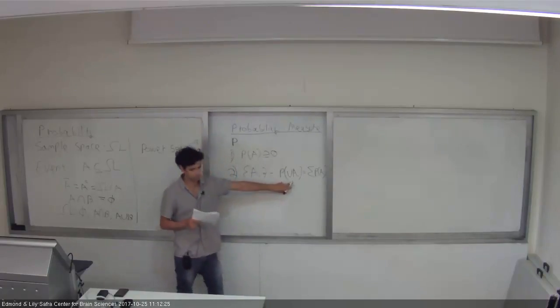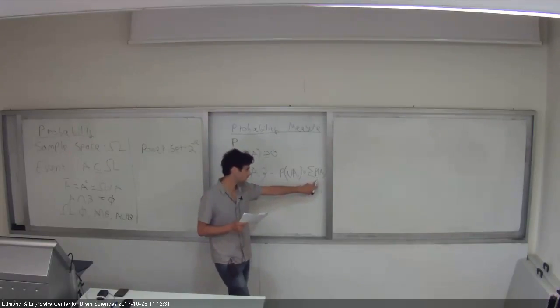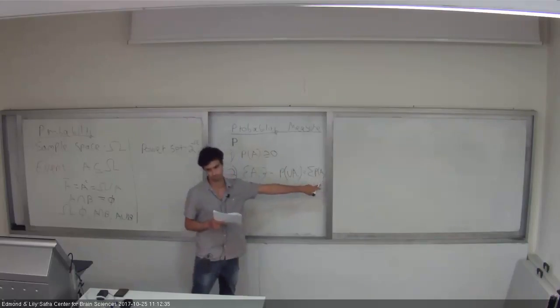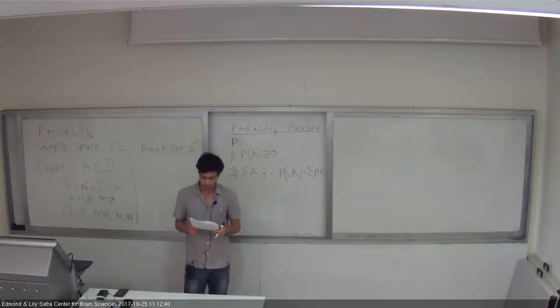So here, this is the probability of the union of all these events, and here, it's the sum over the probability of each event. So this is called additivity.